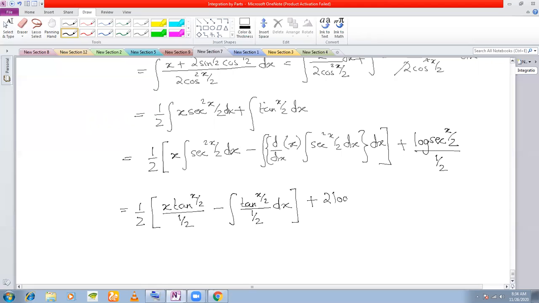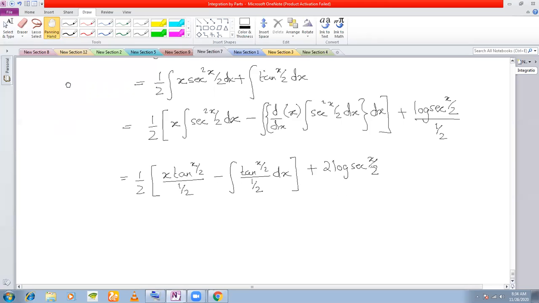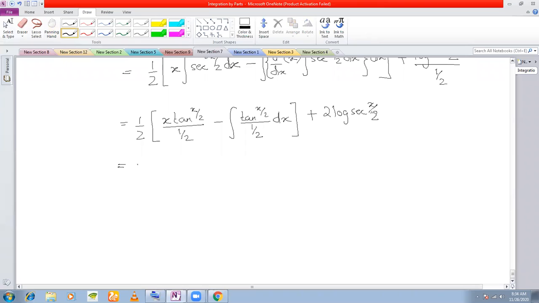Plus twice log sec x by 2, which is again half of 2x tan x by 2 minus, if you take this half, you can take 2 out of the integral, tan x by 2 dx, plus twice log sec x by 2.